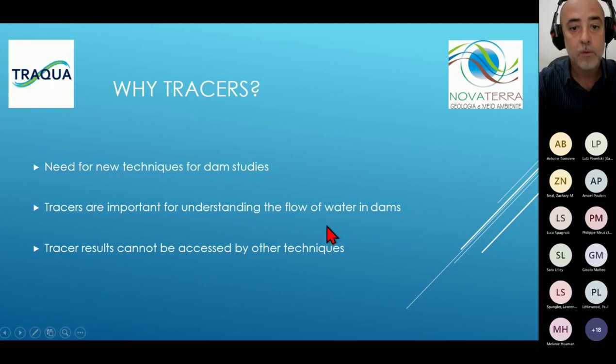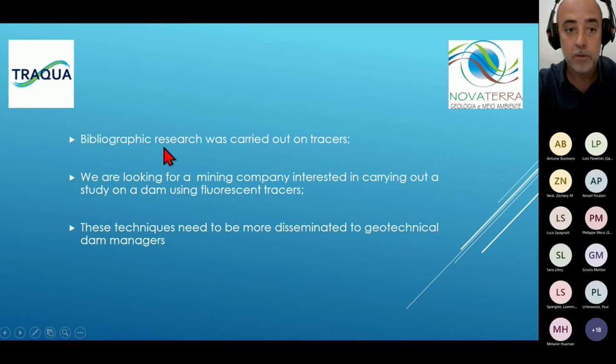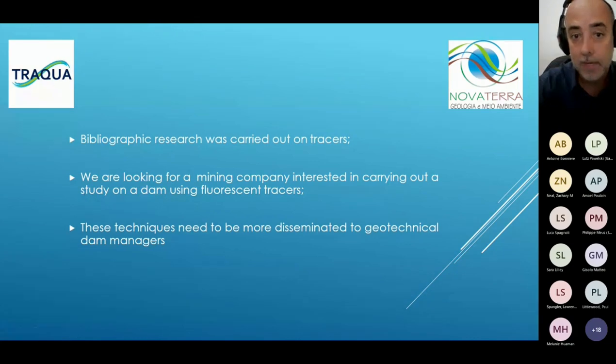We need to understand this flux in dams, and other techniques cannot access the tracer results. We did bibliographic research about tracers, and now we are looking for a mining company that has interest to study dams using fluorescent tracers.